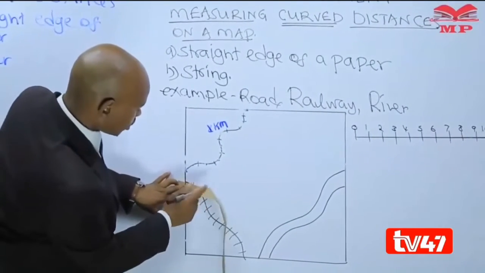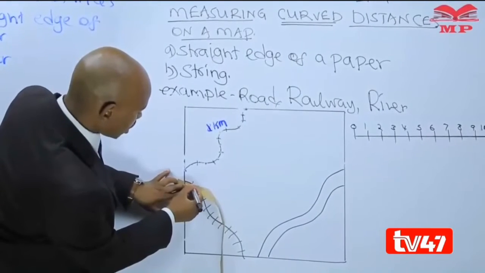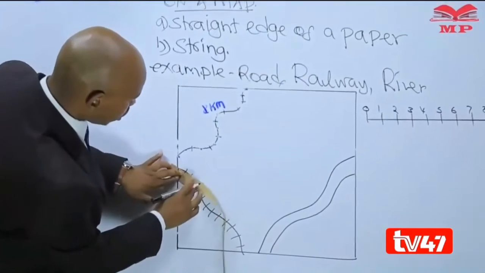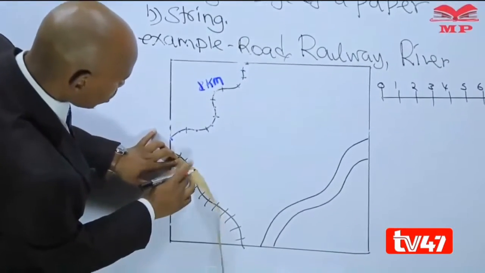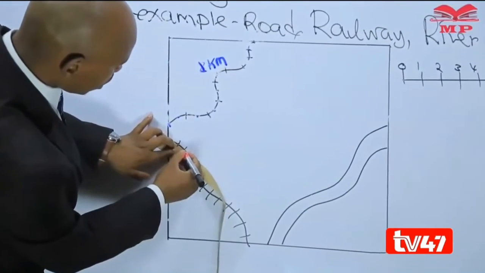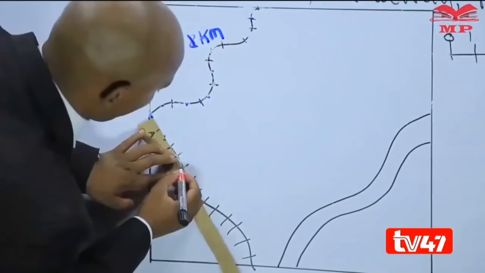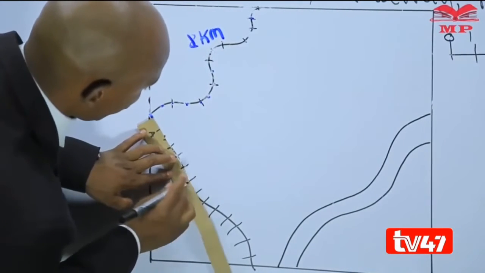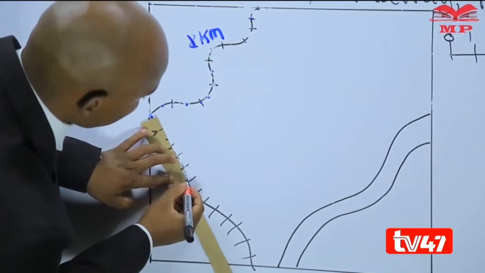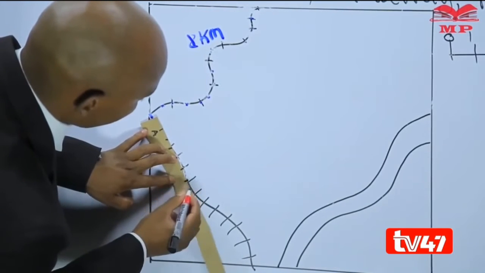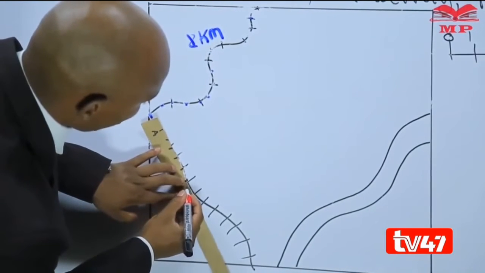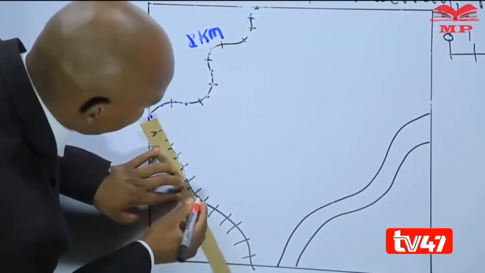Then mine is to meander firmly, accurately. I move slowly, making sure that I am meandering with the curved railway. It curves, you also curve your paper and mark.